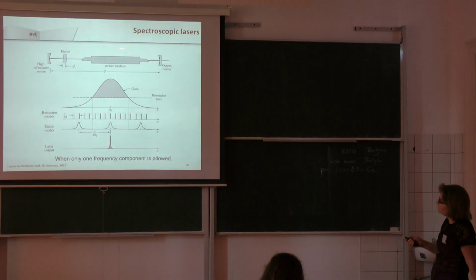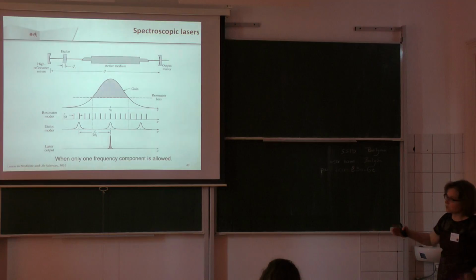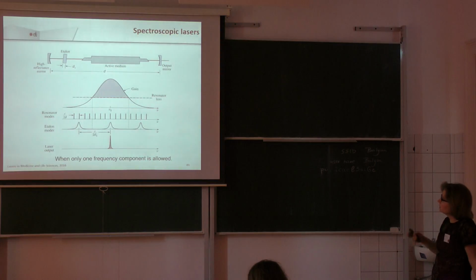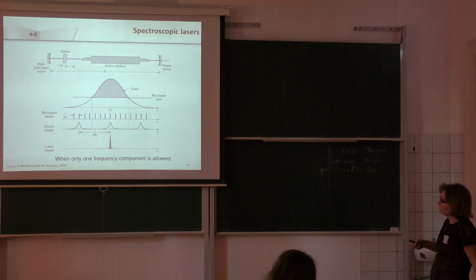We have here the active medium and we have the two mirrors, and as I said, the distance between the mirrors, or the total path of the photon that it has to travel in one full round, determines what frequencies can be built up in such a resonator, and it corresponds to a comb of frequencies. The distance between two combs is determined by the total length.